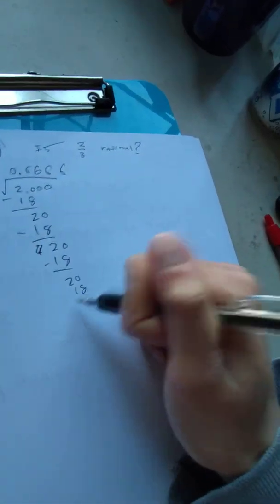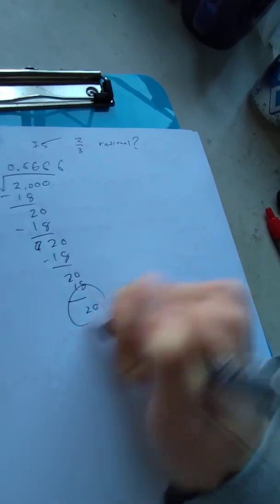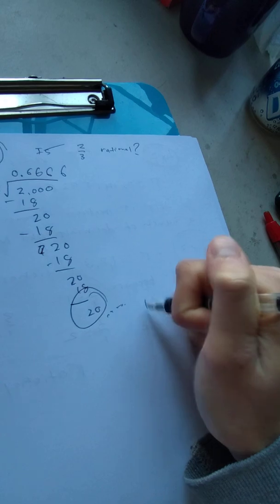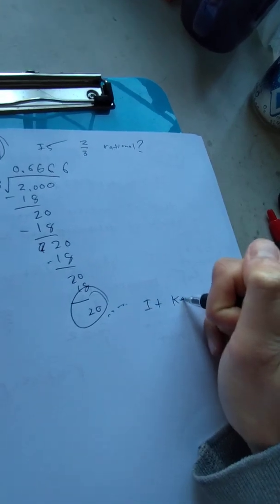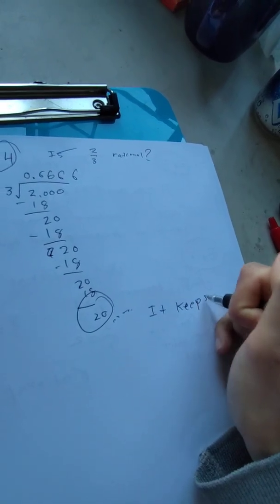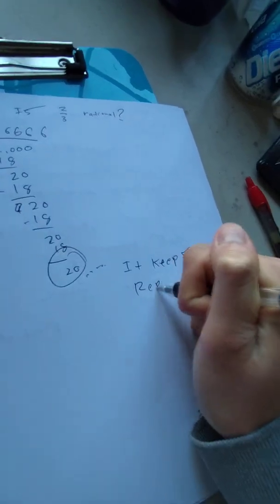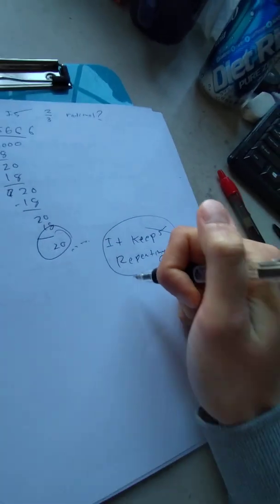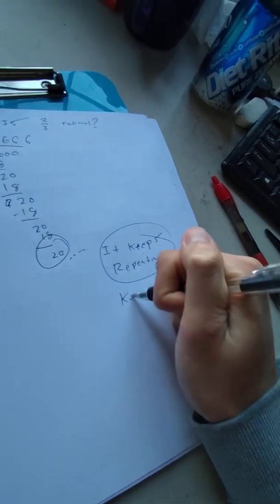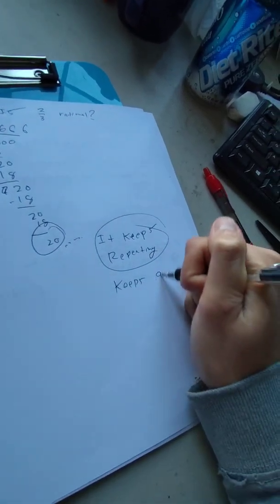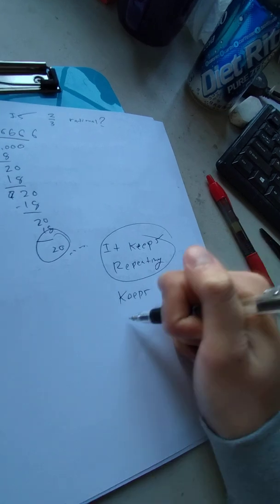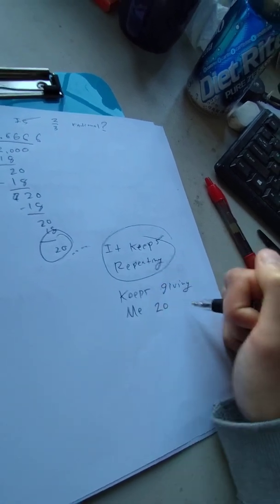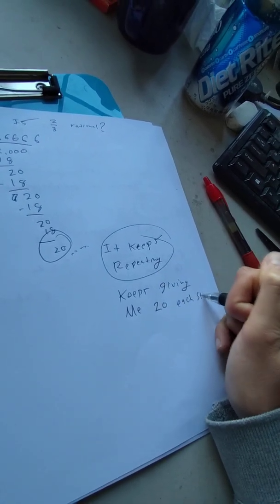And then as we can see, it basically keeps repeating, which means it keeps giving me 20 each step.